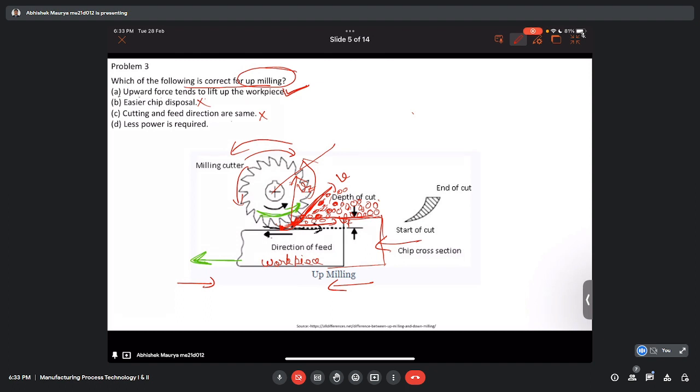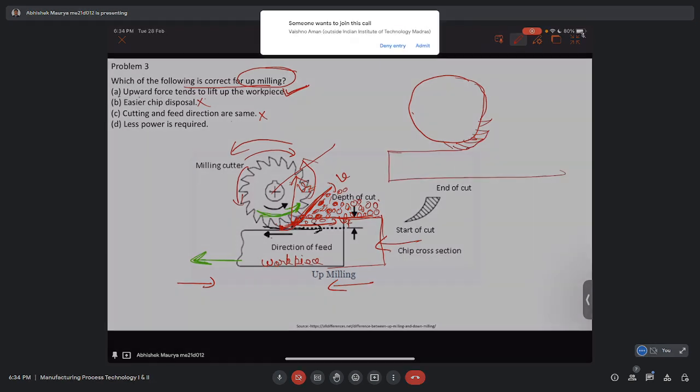D is the less power required. So what is happening here? For simplicity, I am taking a circular cutting tool, which looks something like this, and we have a workpiece like this.